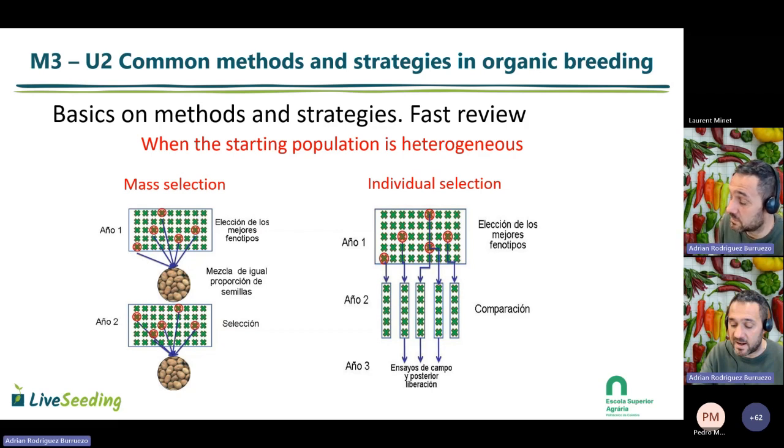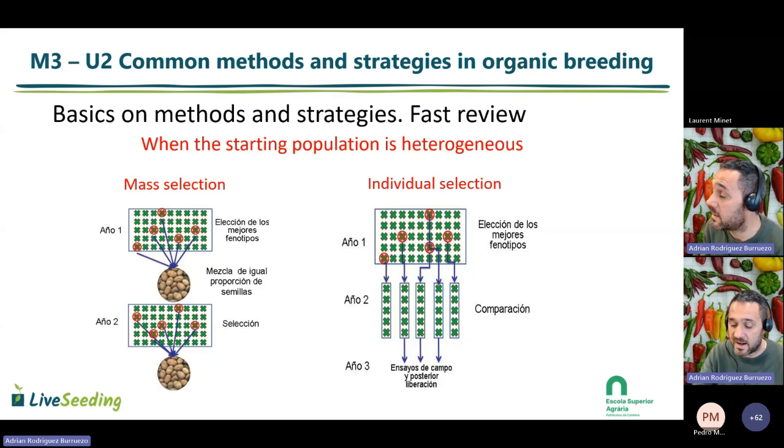Individual selection, by contrast. Under individual selection, the first year, imagine again my 500 individuals of my heterogeneous segregating population, I identify the 20, 30 best individuals according to my breeding objectives or traits. This one, this one, this one, this one.